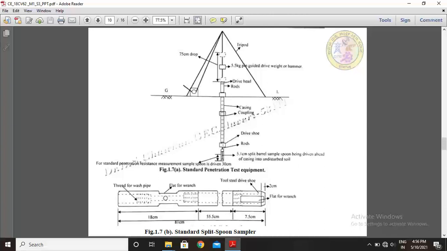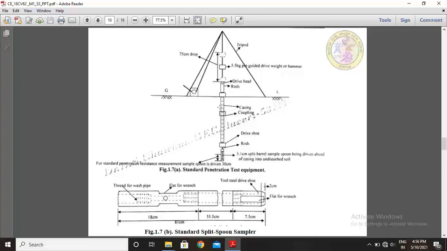This is rock. This is the drive shoe. This is the coupling. This is the casing. This is ground level. These are the rods. This is the drive head, and from here to here is the 75 centimeter drop. This is the tripod, and this is the 65 kg pin guided drive weight or hammer.